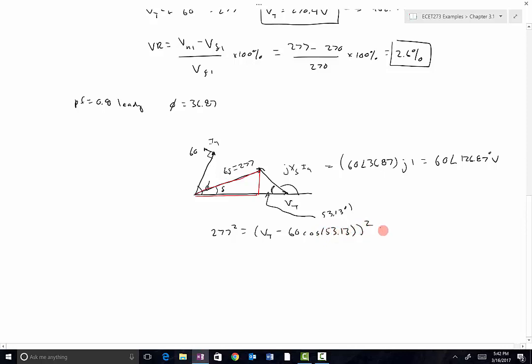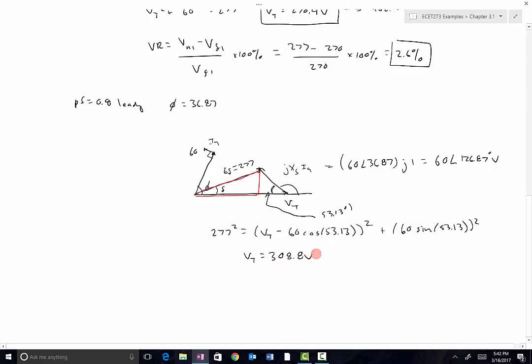So that's a little different than the example for a lagging power factor. Then I need to figure out what the projection of this vector is into the y-plane, and that's just going to be 60 times the sine of 53.13 degrees. Yep. And so I solve that and I get VT equals 308.8 volts.